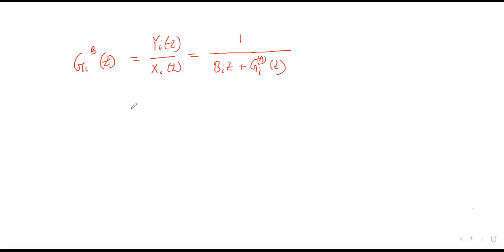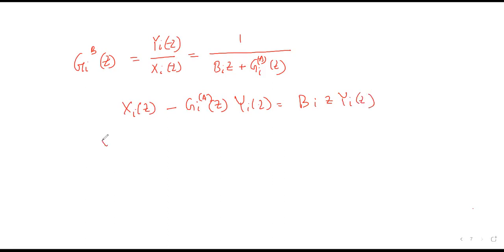So we just cross multiply. So what we can find is X1Z minus G1AZ into Y1Z is equal to B1Z Y1Z.